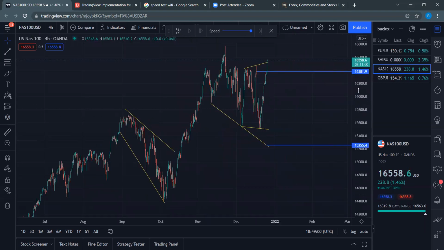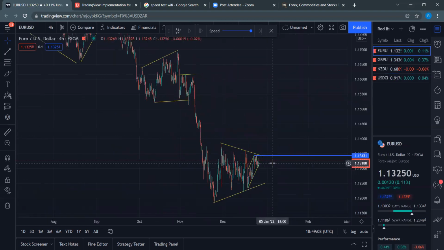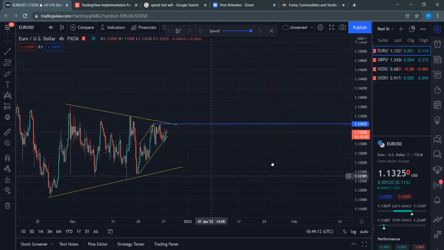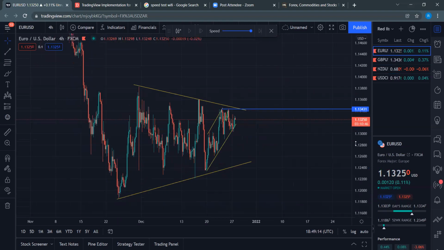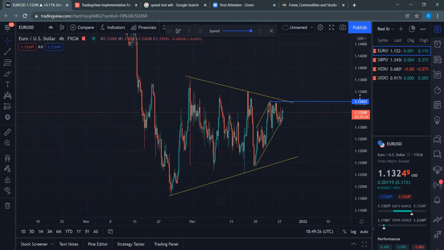So once you have identified those structures, you see, I'm no longer entertaining currencies that much, but we have this, still the same thing.